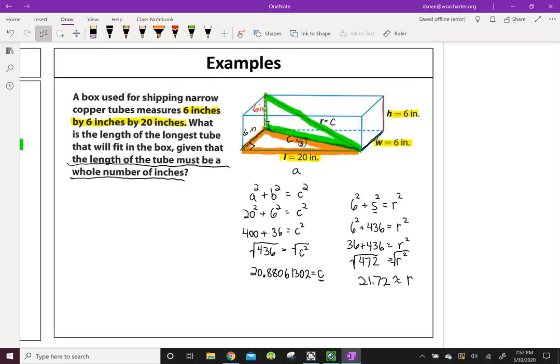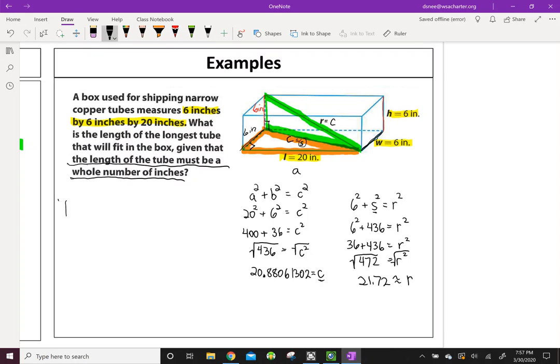And it says that the length of the tube must be in whole number inches. So if it's 21.72, well, I can't fit a 22-inch copper tube in there. I can only fit a 21-inch copper tube. It says, what is the length of the longest tube?